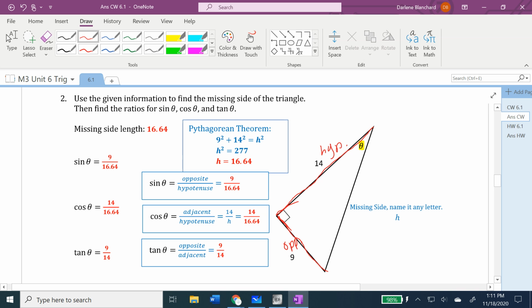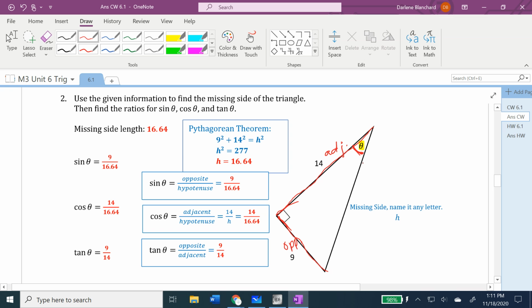So it's really important that you're clear that, why did I just write that? I was meaning to write adjacent. Okay. Make sure you're clear that the side that is opposite and the side that is adjacent depends on which angle you're working with, because there are two acute angles in a right triangle.